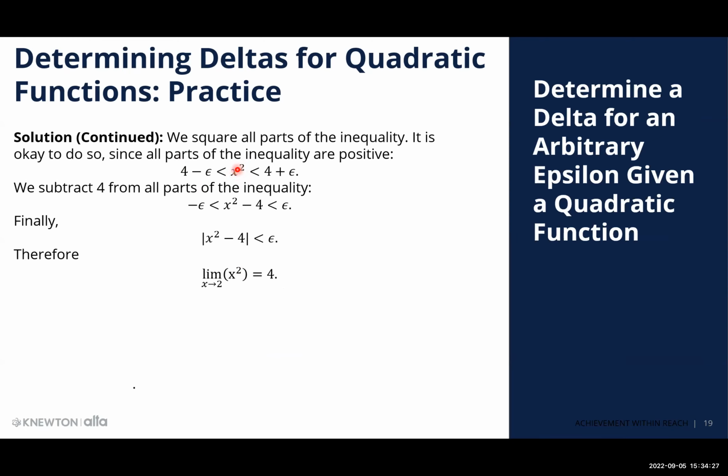So we're almost there, because if I subtract 4 from both sides, then I can take this expression and rewrite it as an absolute value. And indeed, we have proven that the limit of x squared as x approaches 2 is 4.